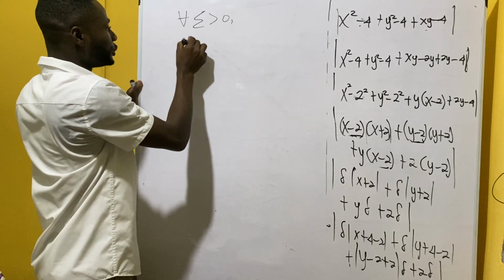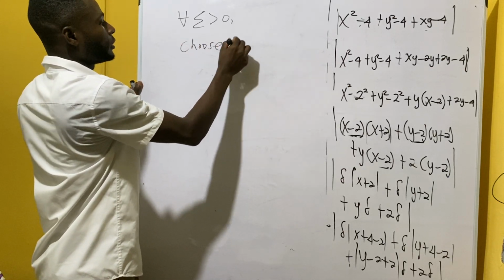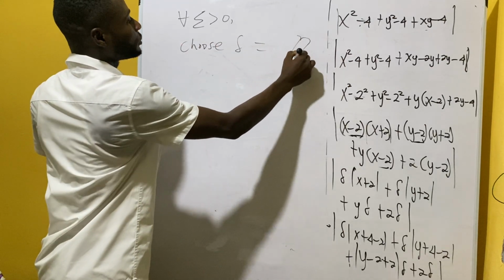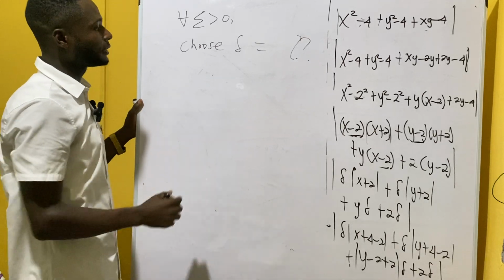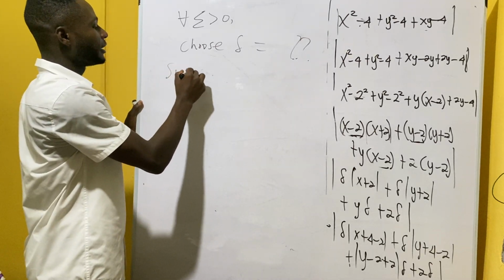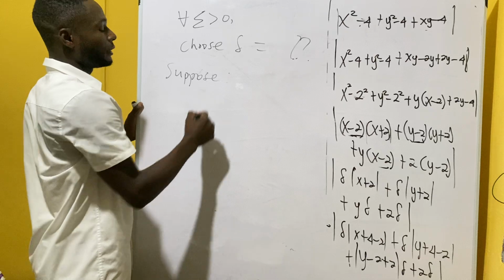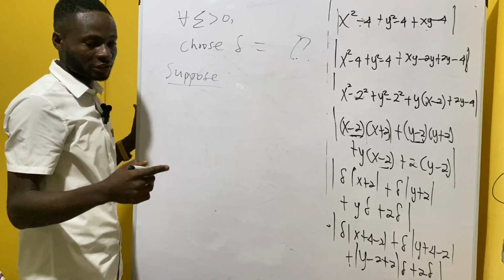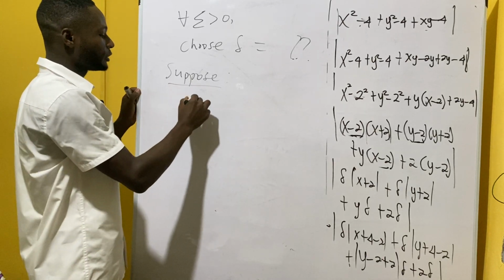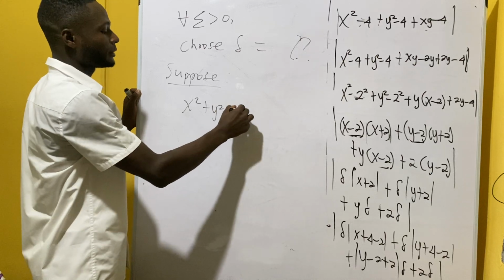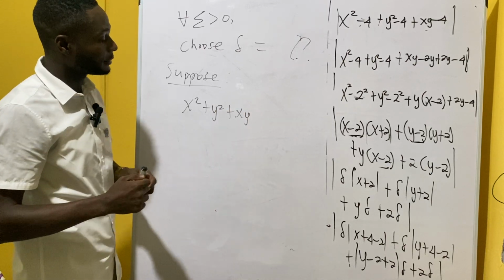Then you choose delta, and that is what we are interested in, right? So we suppose the function, right? The function that we are interested to manipulate, which is x squared plus y squared plus xy, right?